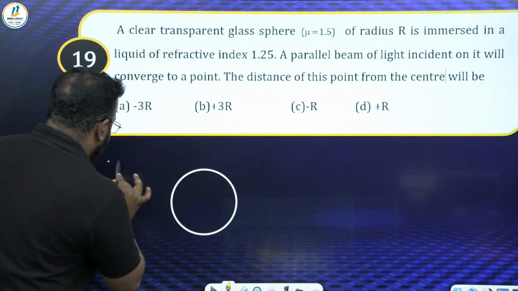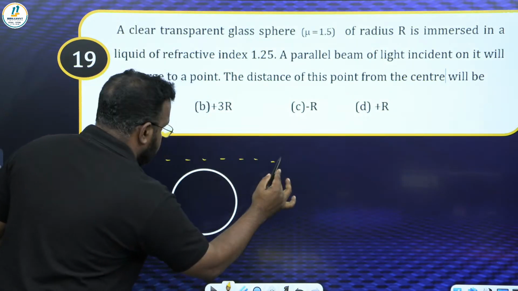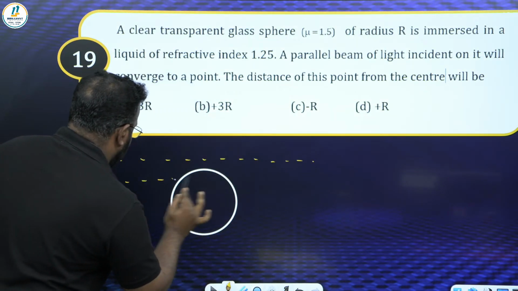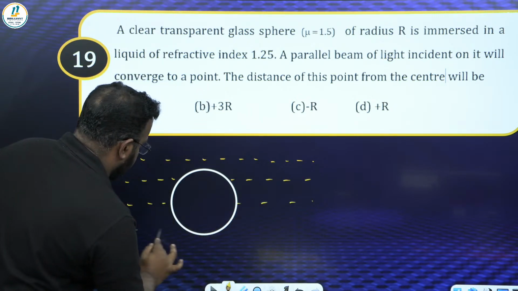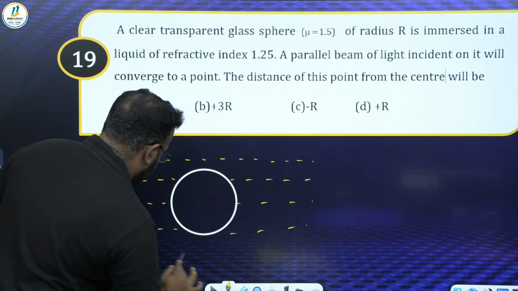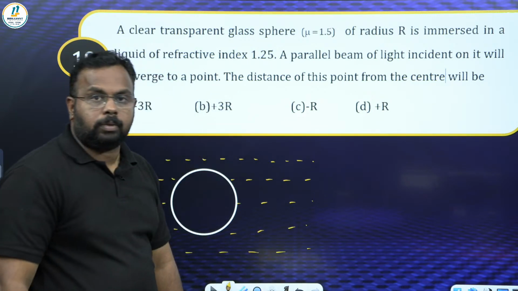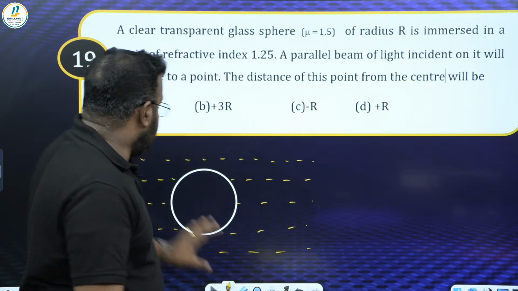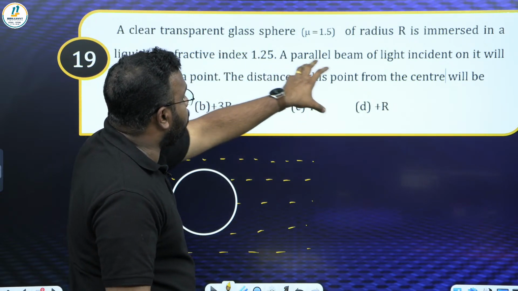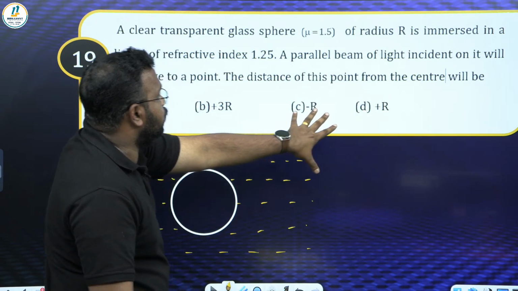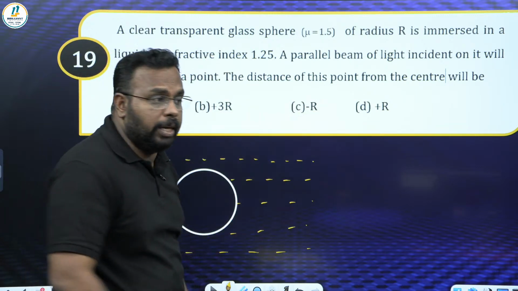So I'm just taking this as a liquid. Okay, and the refractive index of liquid is also given, it is 1.25. A parallel beam of light incident on it will converge to a point.